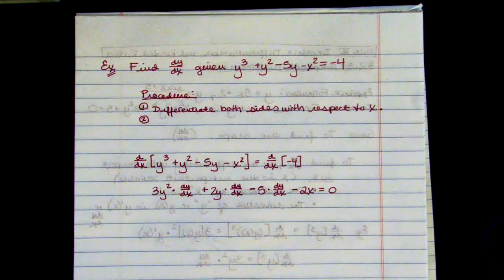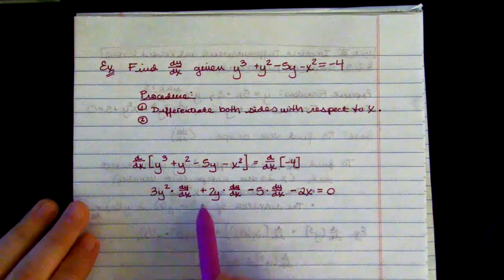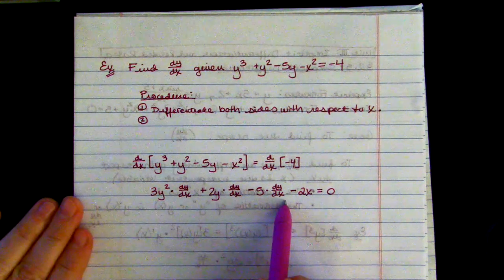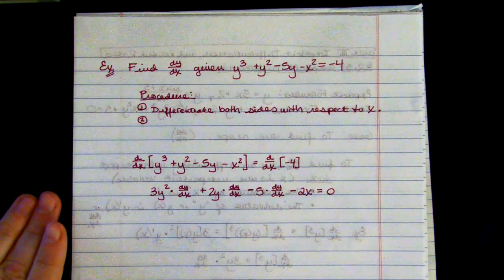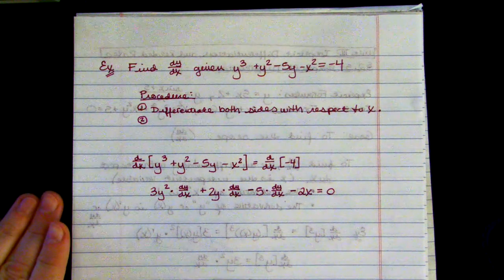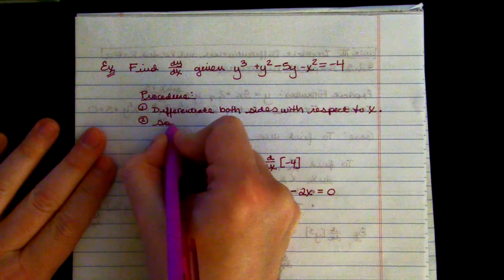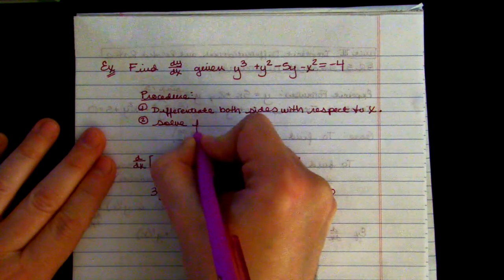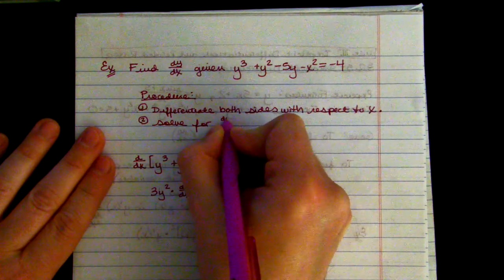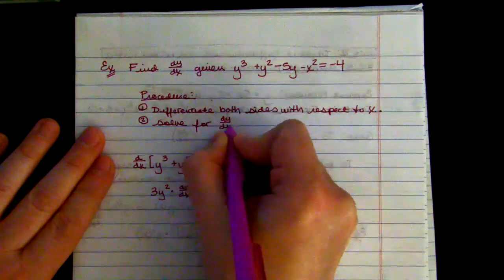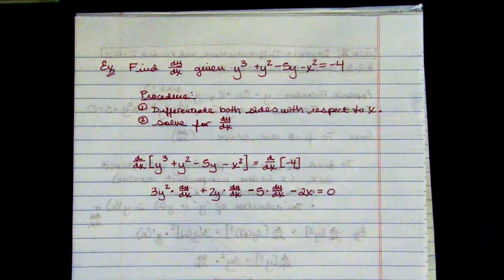Step number 2. My goal was to create a formula for dy/dx, a formula that would help me find the slope anywhere. Well, I've got those dy/dx symbols, but I need a formula that reads dy/dx equals by the time I'm done. So I now need to go through some algebra to solve this thing for dy/dx.